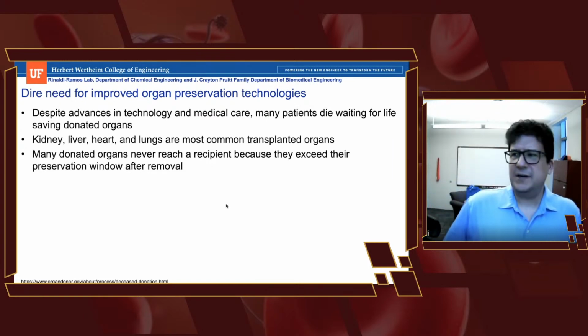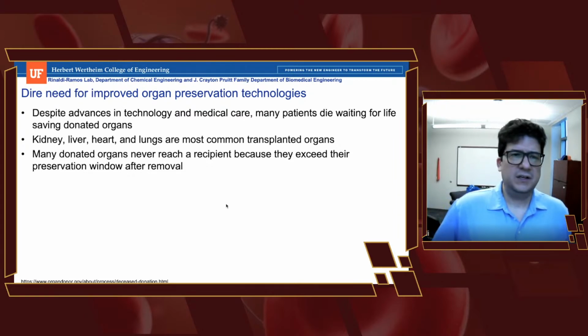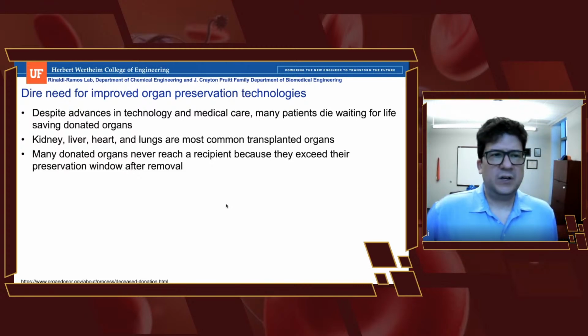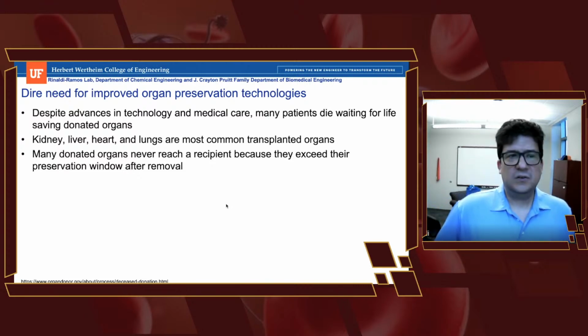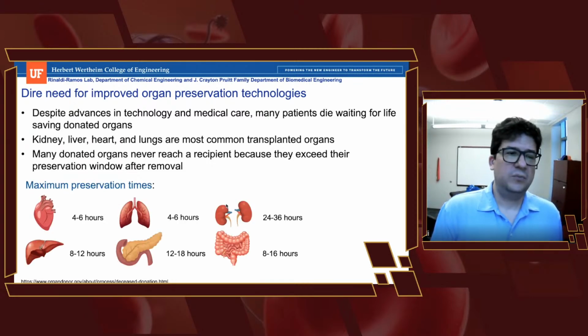Our ability to transplant organs has really resulted in prolonged and better quality of life for many patients, but there's severe limitations. Some of the more commonly transplanted organs are kidney, liver, heart, and lungs. And unfortunately, many of these organs never reach the recipient because they exceed a preservation time window after removal.